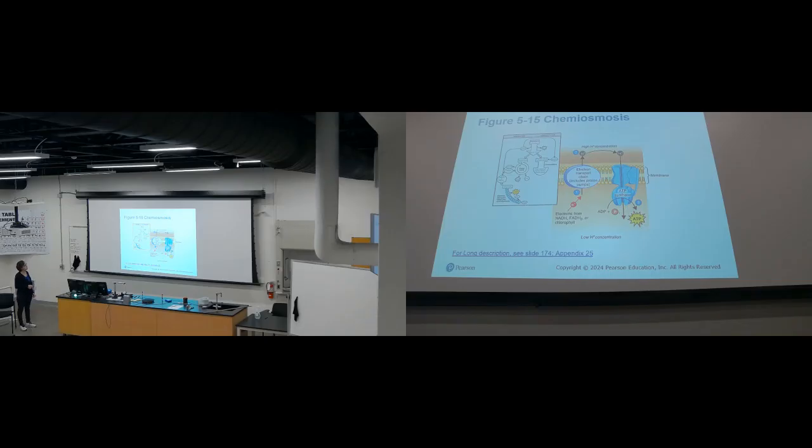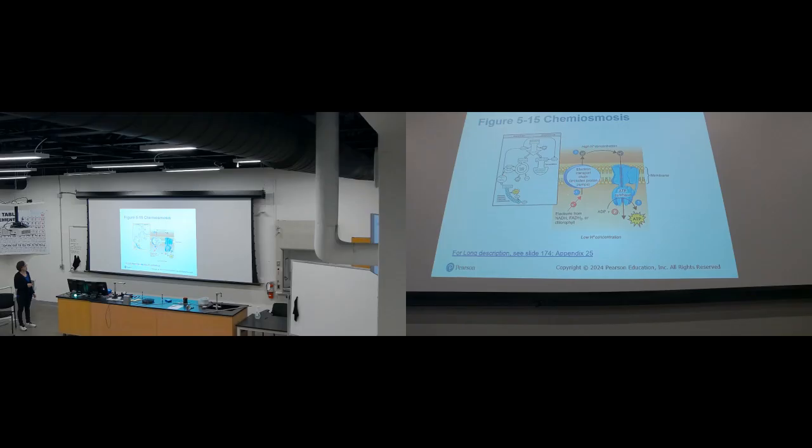So here is what happens in chemiosmosis. You have this electron transport chain that has some proton pumps embedded within the inner membrane of the mitochondria. Because of their charge, these protons have to go through these pumps.